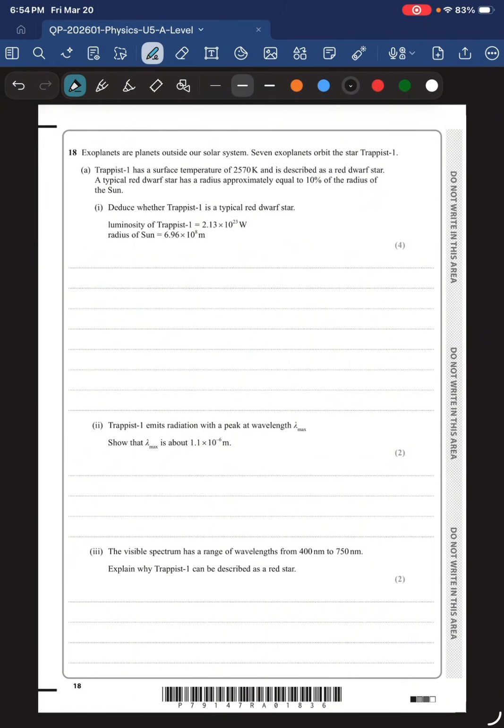So we have to solve for the radius using the Stefan-Boltzmann formula. So L is sigma times the surface area, which is 4 pi r squared, times T to the fourth. So r squared is L over 4 pi sigma T to the fourth.